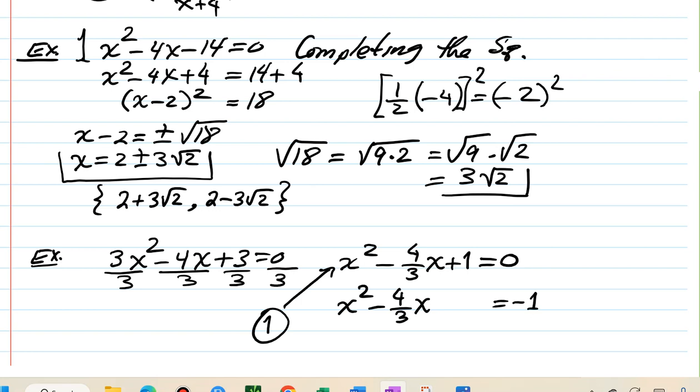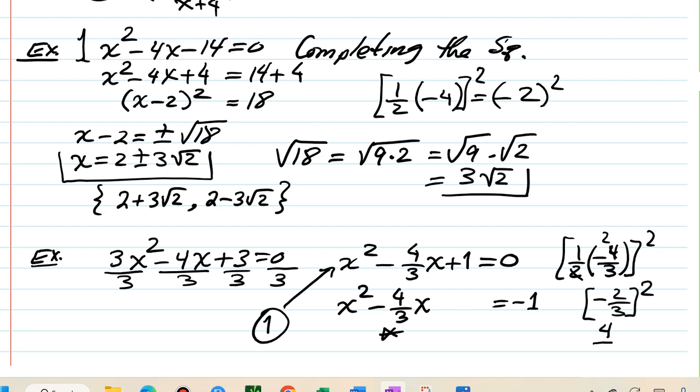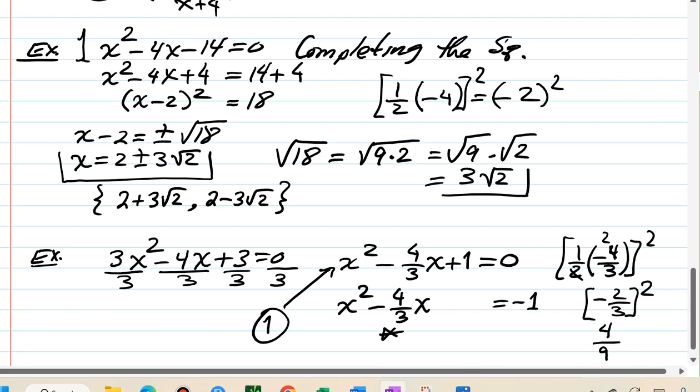We move the number to the other side, and we create our own number. What is the number we want to create? Remember, it's half of the coefficient on x, half of negative 4/3, and then squared. Half of negative 4/3, all the 2's divide out, so that's negative 2/3. Squared, that's going to be 4/9.